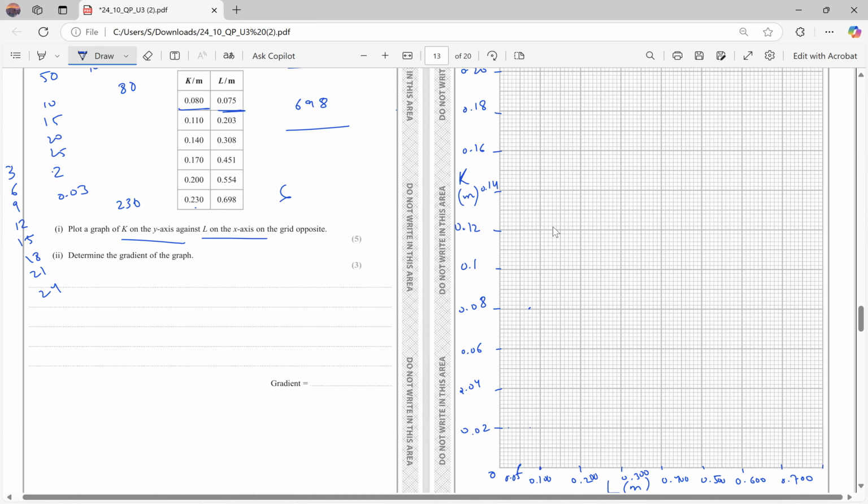Here we have the first point. The second one is 0.203.